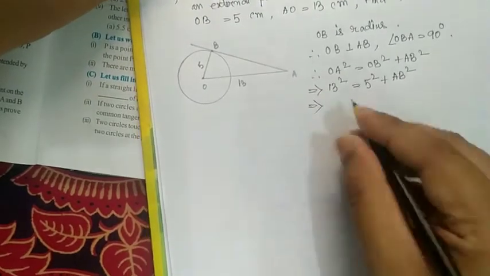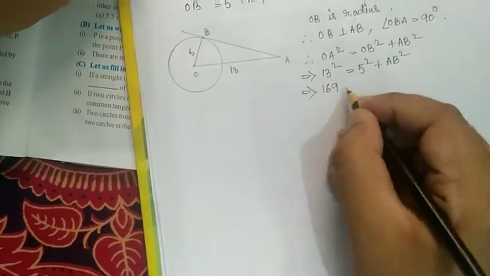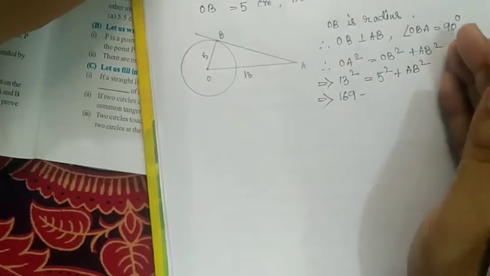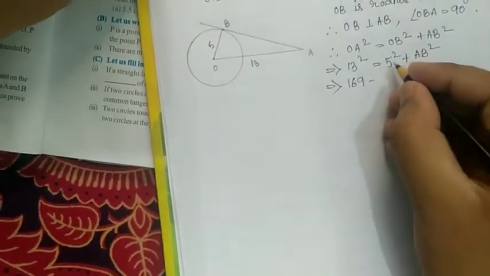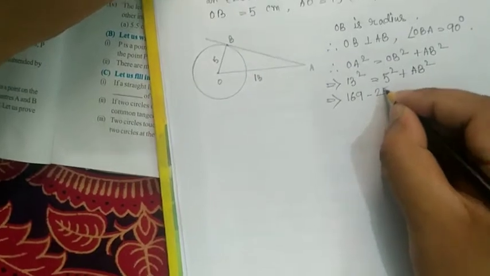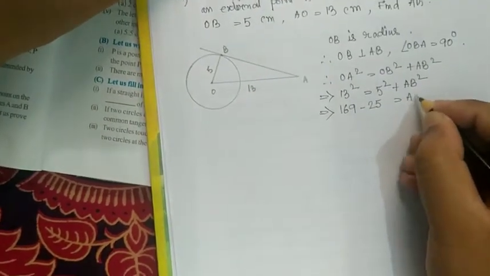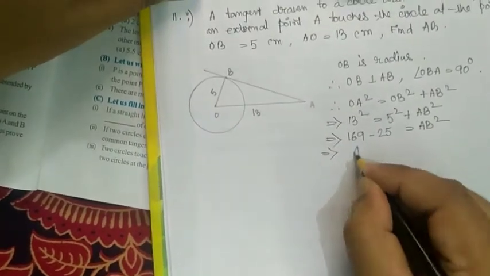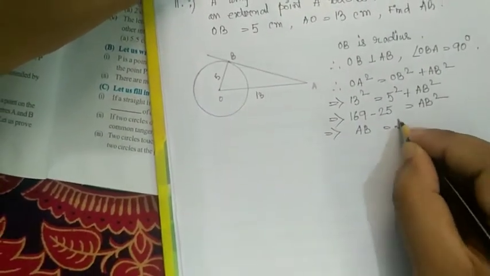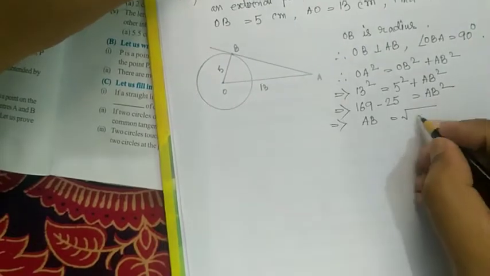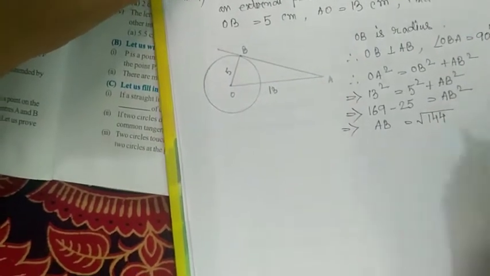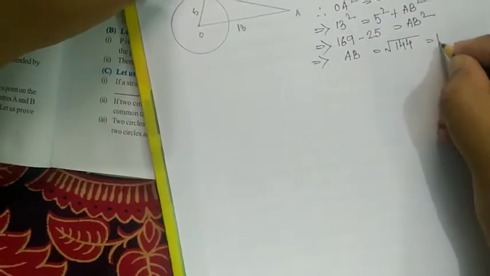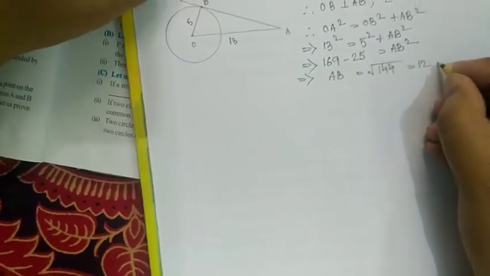So 13 square means 169 minus 5 square, from right hand side to left hand side it should be minus, the 5 square means minus 25, and this should be AB square. So AB equal to root over 169 minus 25 means 144, and if we square root this 144 we get 12. So therefore AB equal to 12 centimeter.